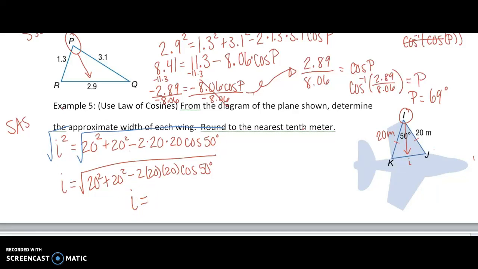And I find out that I is equal to 16.9 meters. So the width of each wing, if I were to do the same thing over here, assuming it would be congruent, I would hope so, would be 16.9 meters.